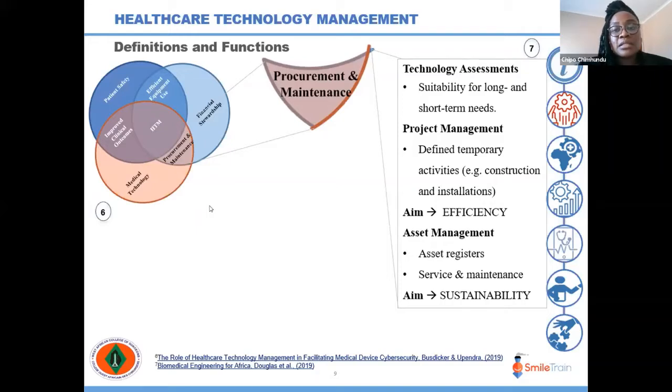The aim there is essentially to make sure that we are efficiently running our equipment. Then there's the asset management aspect. I would like to emphasize that from my experience with various facilities I've interacted with, this seems to be a lacking element simply because there's a lack of ownership across the board and poor documentation for how our equipment or assets are being managed.